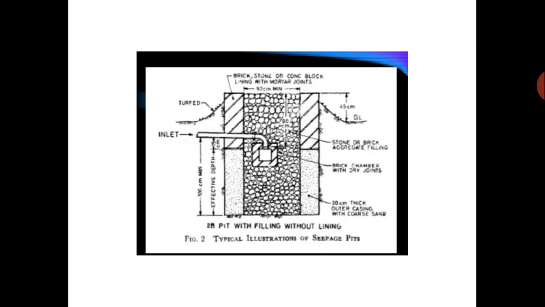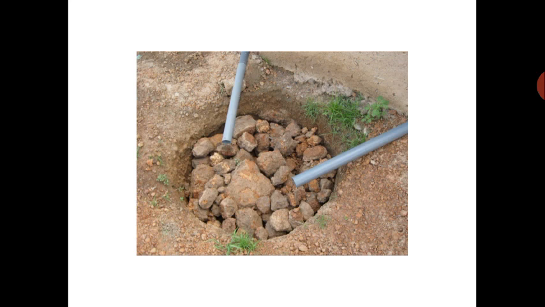This is without lining. This is a typical type of soak pit where they are discharging the two pipes. You can see that the wastewater is coming from the septic tank. There will not be any liners. They have provided surrounding to this.